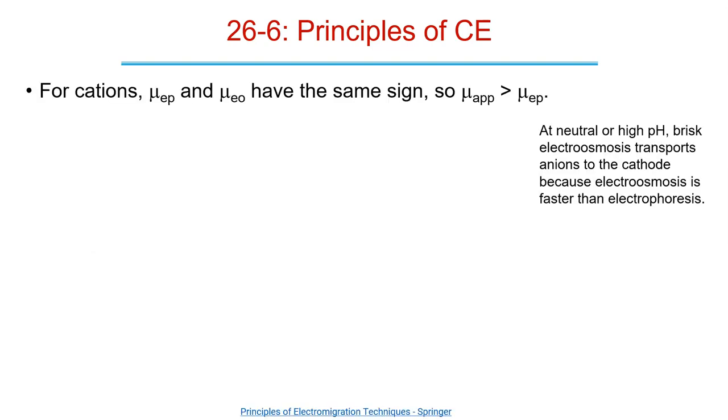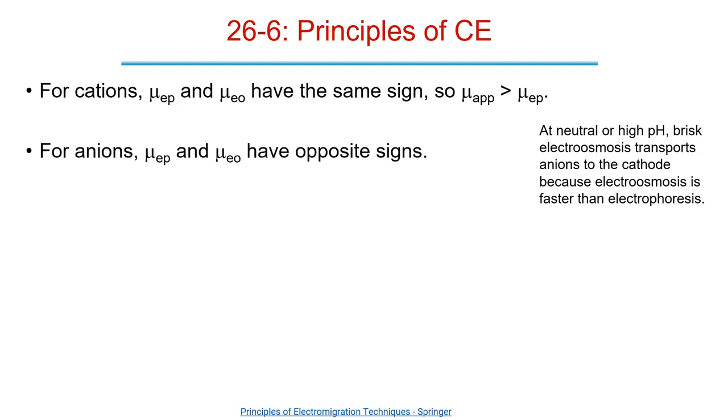Now, for cations, the mobility and the velocity of both the bulk solvent and the ions are going to have the same sign, right? So they're positive. For anions, those are going to have opposite signs, because for the anions in the solution, remember, things are going to really want to move towards the detector.